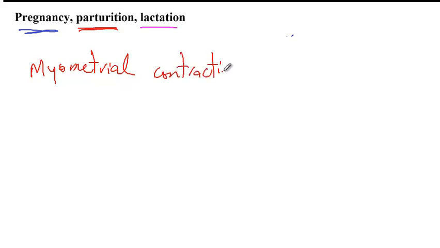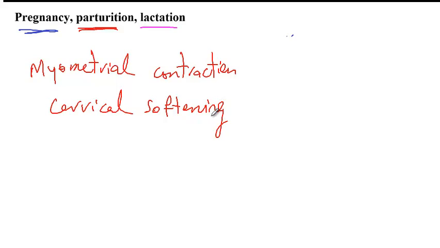Alright, and during this time, what happens is that there will be myometrial contractions to help with the movement of the fetus downward along the uterus, and there will also be cervical softening to help with the delivery of the baby.